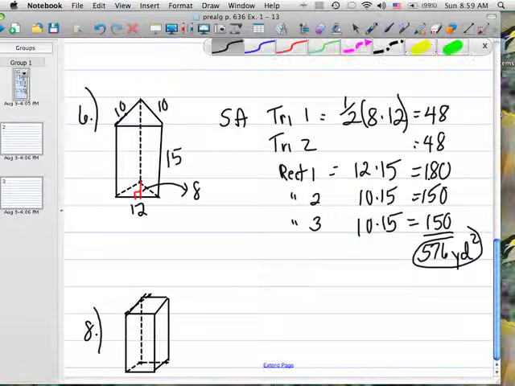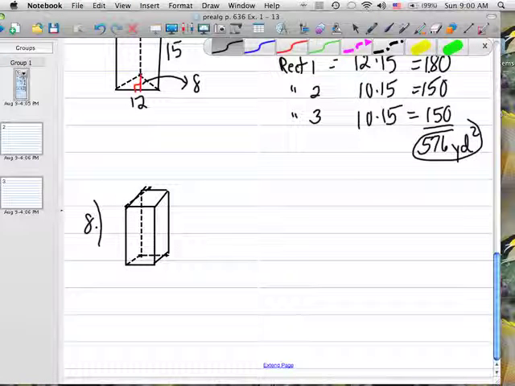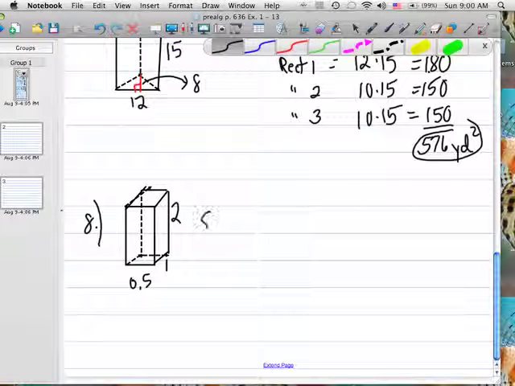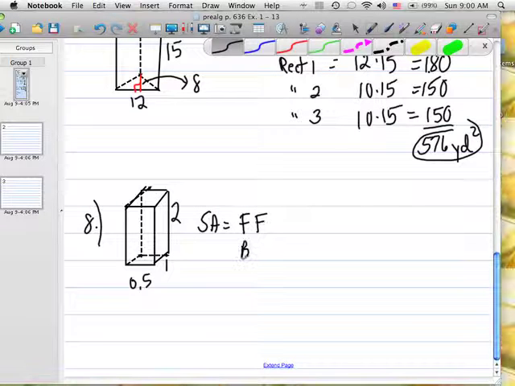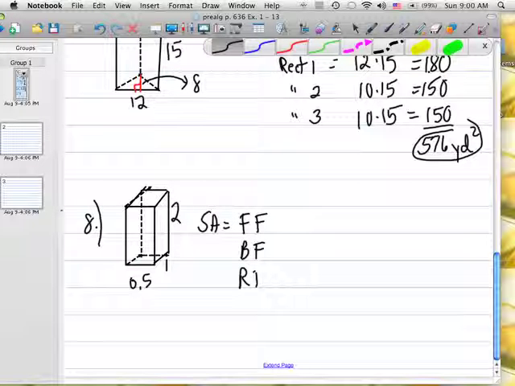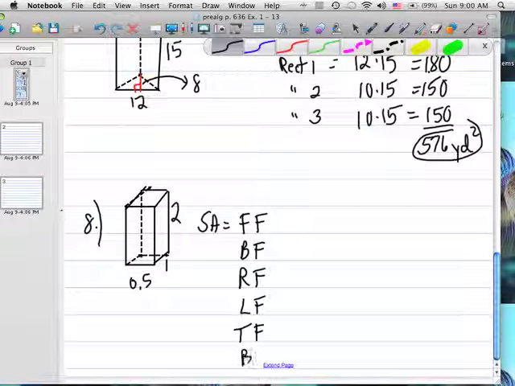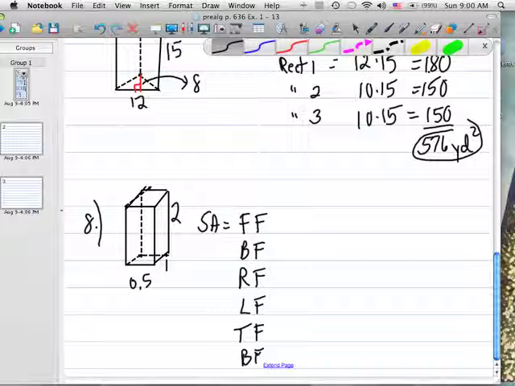And this time, measurements are 0.5 millimeters here, 1 millimeter, and 2 millimeters. So our surface area is front face and back face, right face and left face, top face and bottom face. So our front face is 0.5 times 2.